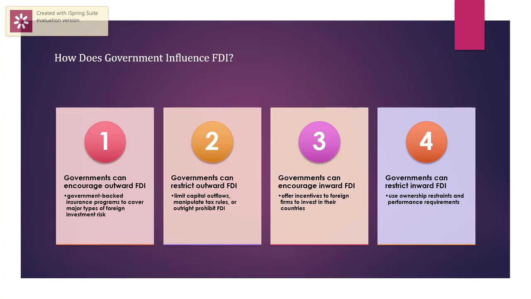Now, the third option is that the government can encourage inward FDI. By inward FDI, we mean encouraging foreign companies to come and invest in their country, to boost their economy, reduce the trade deficit, and improve their economic conditions. Take the example of Pakistan.